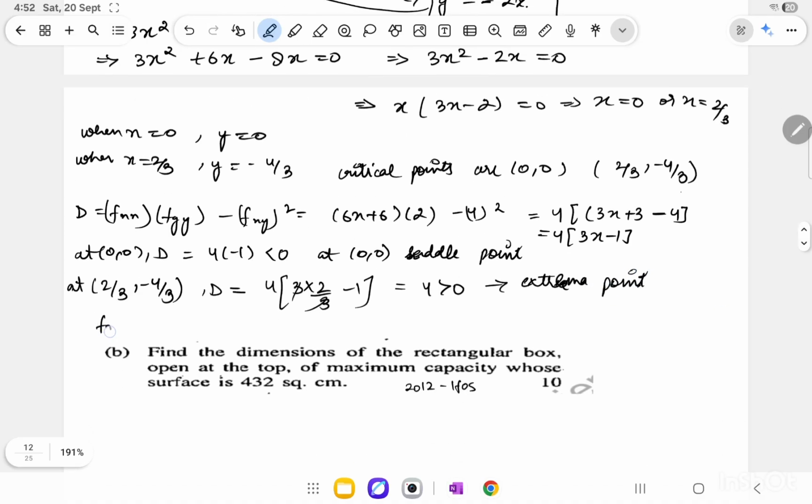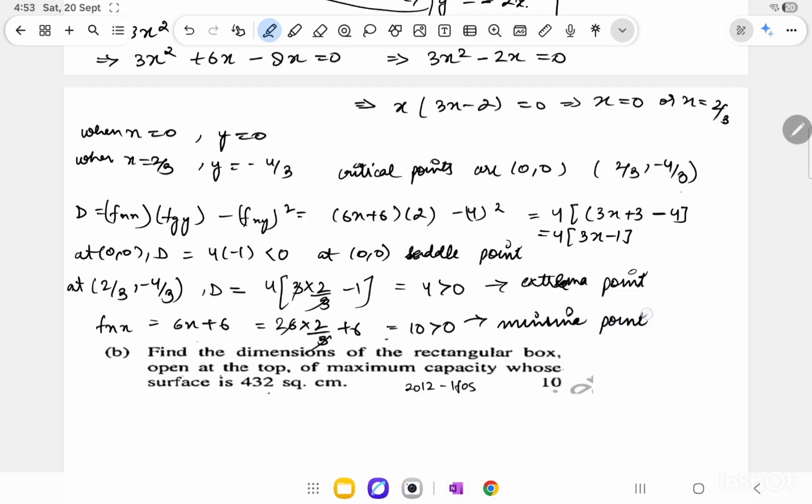That depends on the value of fxx. That is basically 6x plus 6. And at (2 by 3, minus 4 by 3), it will be 6 into 2 by 3 plus 6. That is 6 plus 4, 10, which is greater than 0. So it has a minima point here.